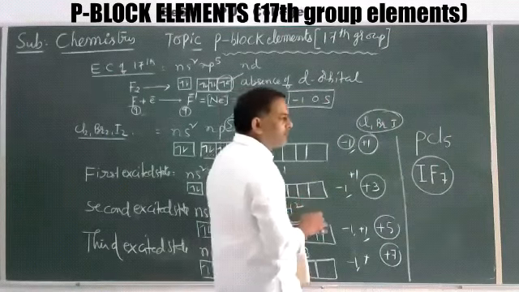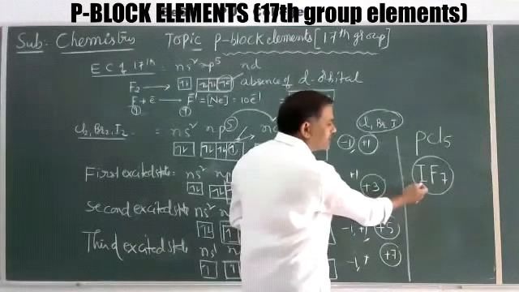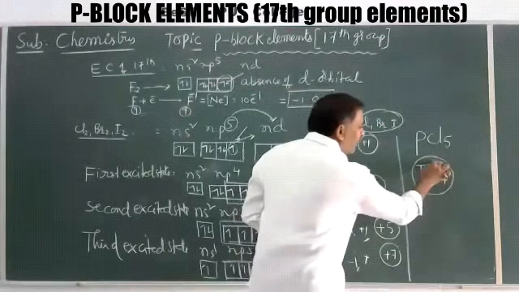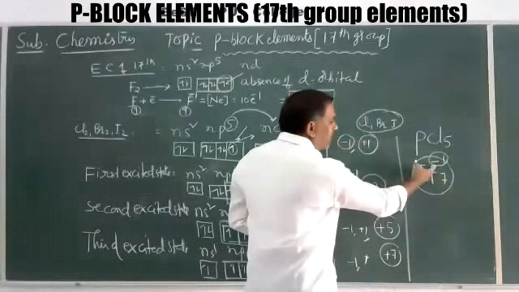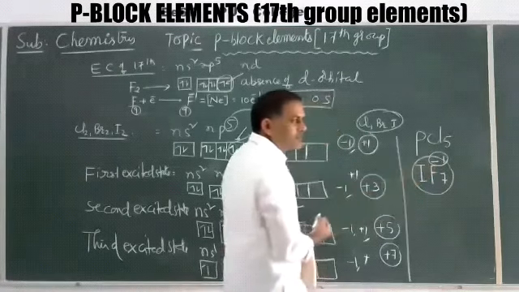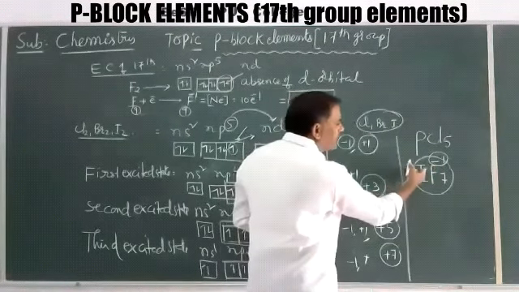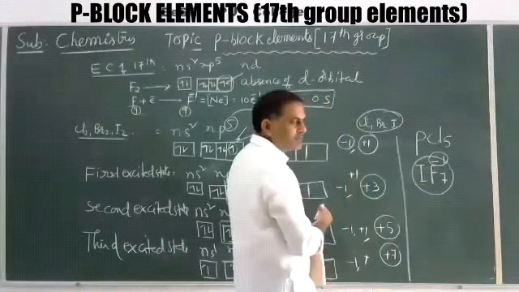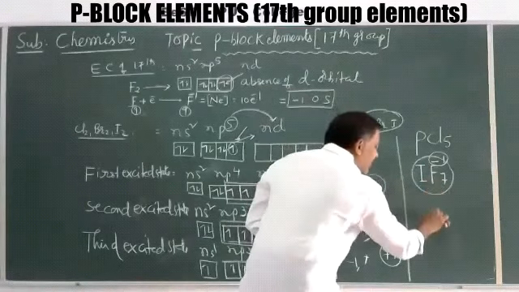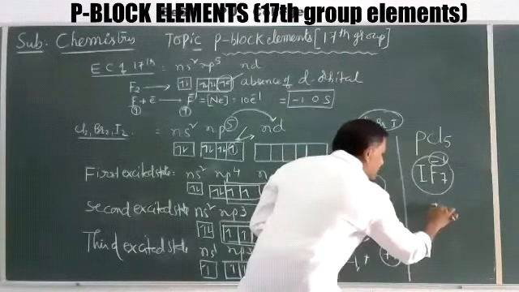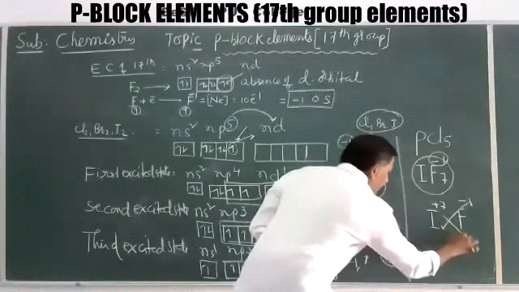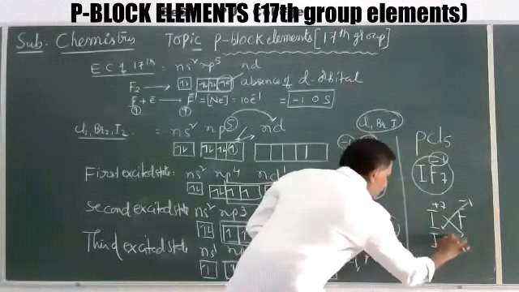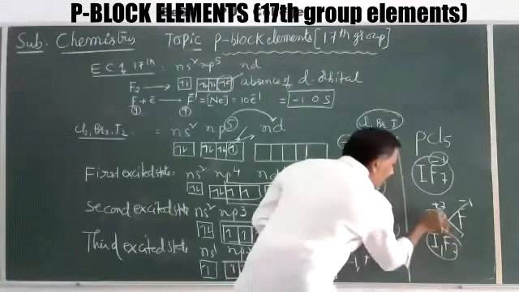In this IF7 molecule, that is an interhalogen compound, fluorine is always -1 because it is the highest electronegativity element and small in size. Compulsorily iodine shows plus. So by the crisscross method, using I plus 7 and F minus 1, we get IF7.